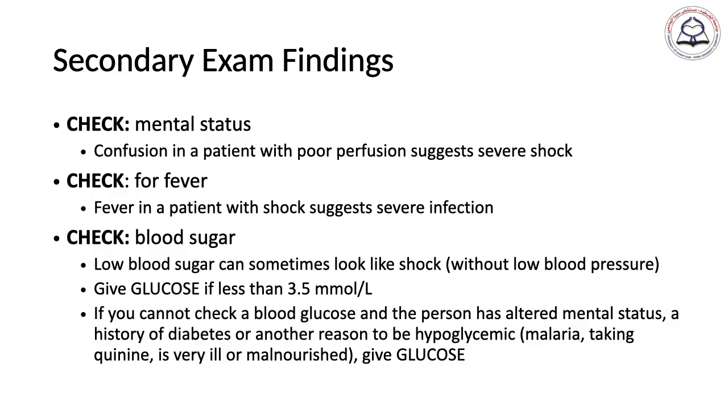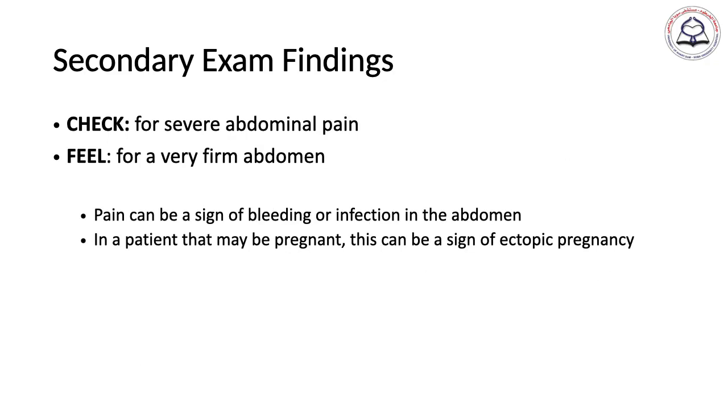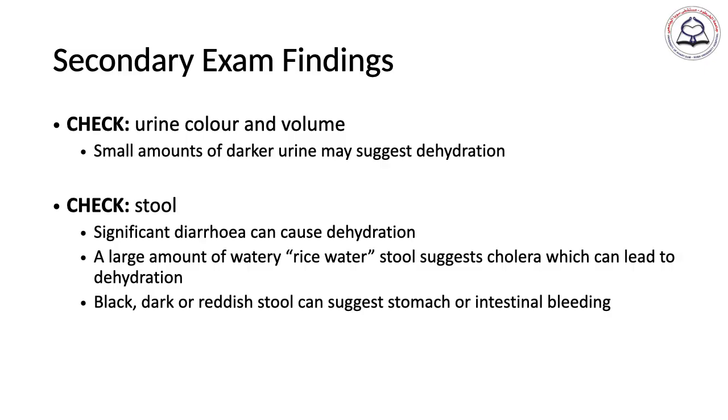When you suspect hypoglycemia, if you cannot check blood sugar in patients with altered mental status and history of diabetes or at risk of hypoglycemia, you have to treat and give glucose. Check for severe abdominal pain and abdominal distension. Pain can indicate intra-abdominal bleeding or intra-abdominal infection, and in a pregnant lady, this could be a feature of ectopic pregnancy, ruptured ectopic.